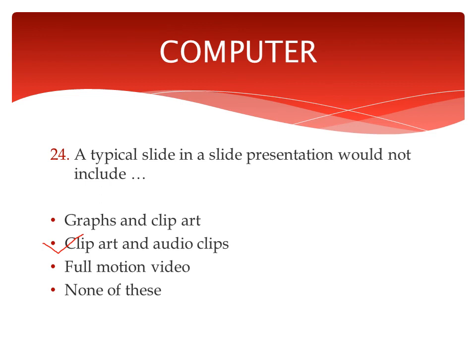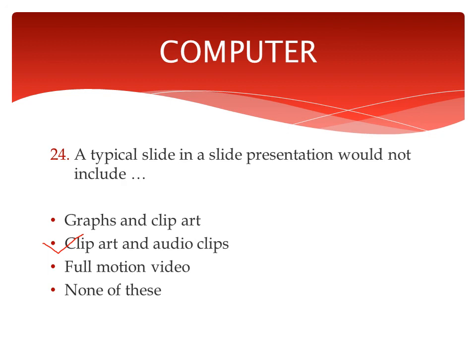24th question: a typical slide in a slide presentation would not include first, graphs and clip art; second, clip art and audio clips; third, full motion video; fourth, none of these.